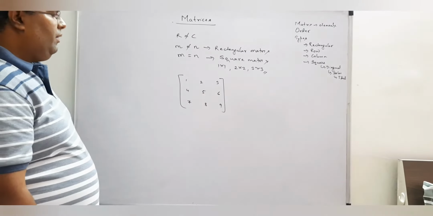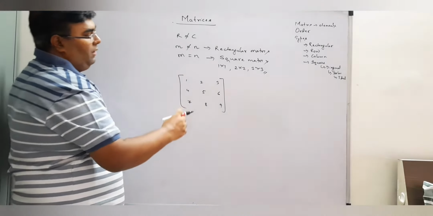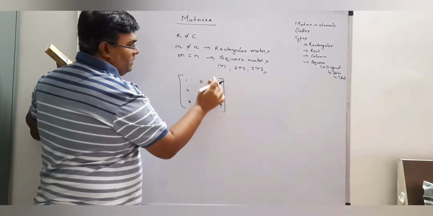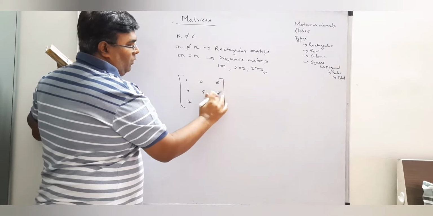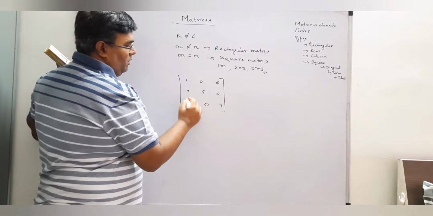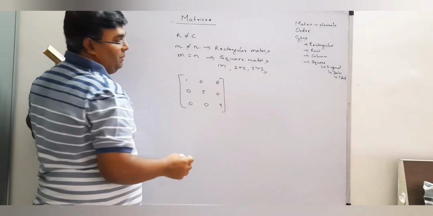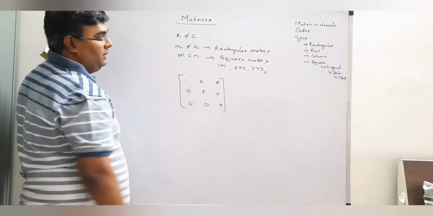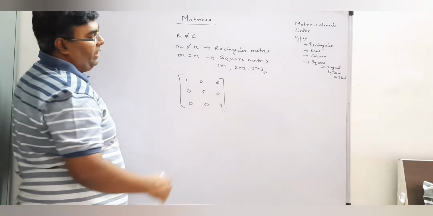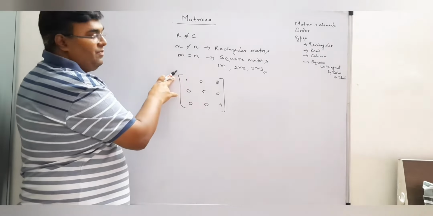Now, if the matrix has all the other elements zero except this diagonal, there are two diagonals, but we are taking only the one from the top left corner.